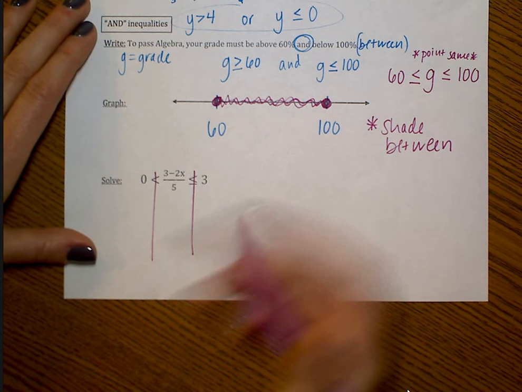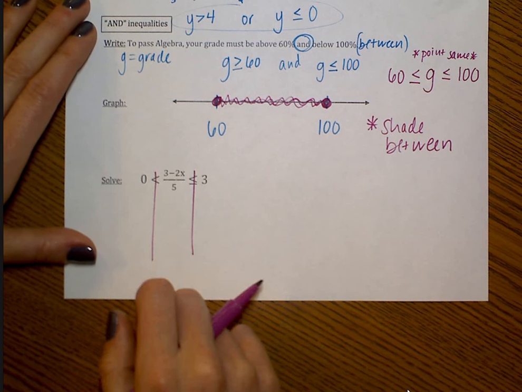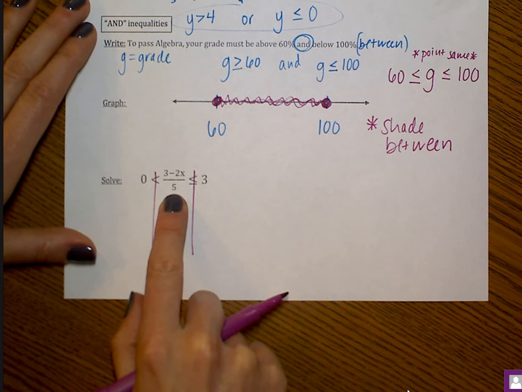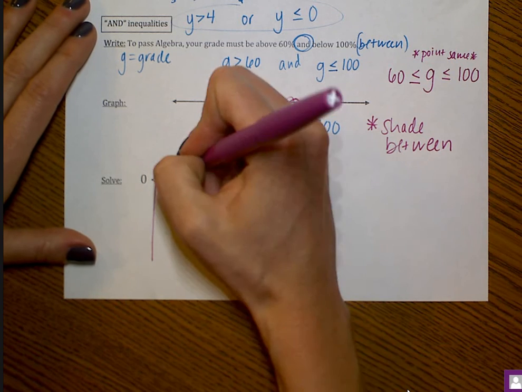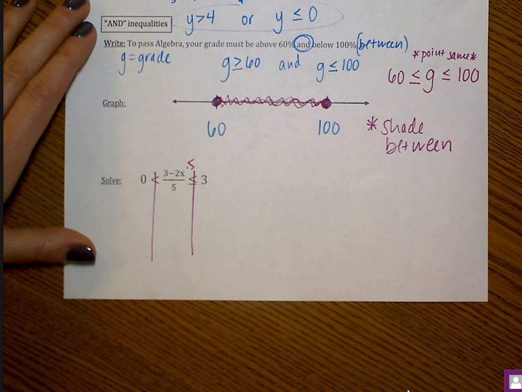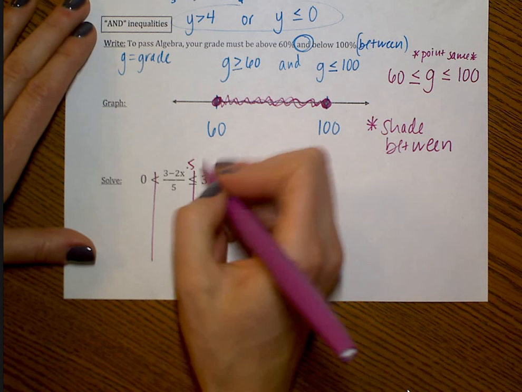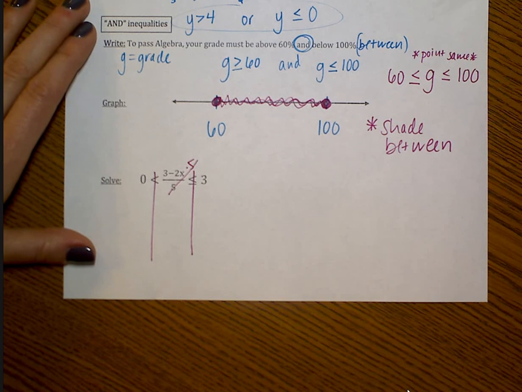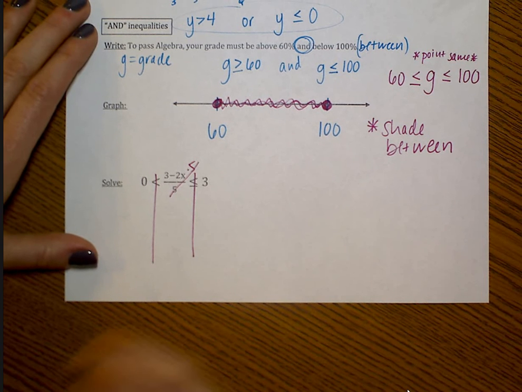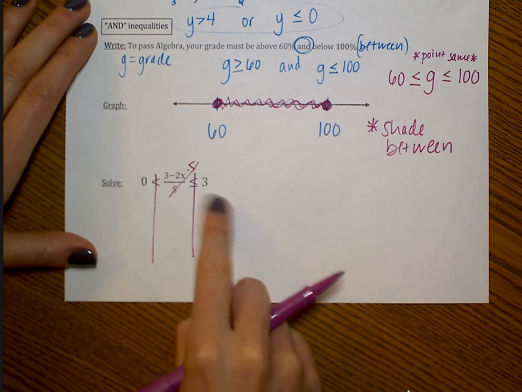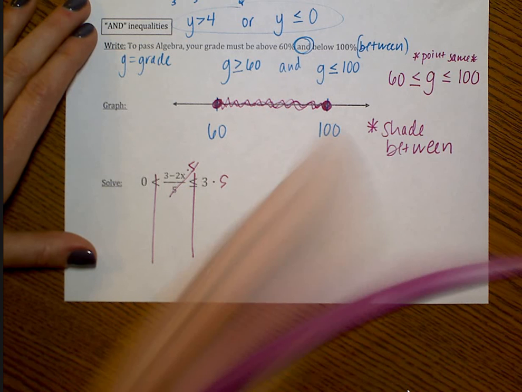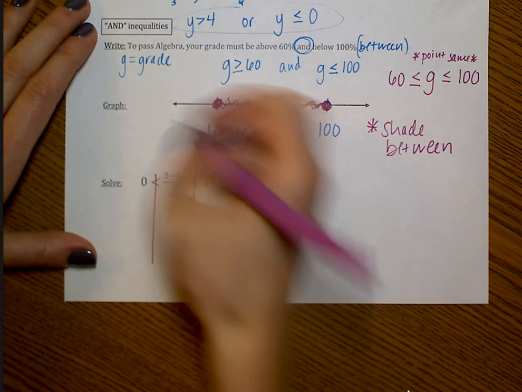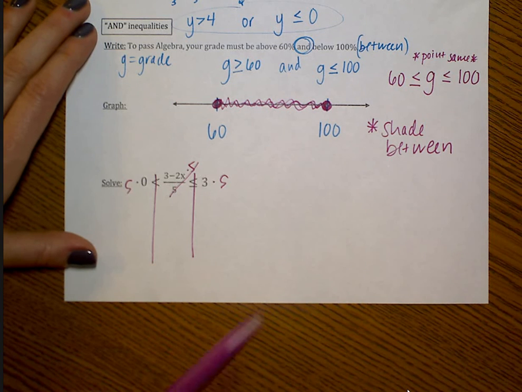Okay, so if I look at what's going on in the middle here, I know if everything's being divided by something, I have to get rid of that first. So I'm going to multiply by 5 to cancel those out. The only difference is whatever you do in the middle, you have to do on the right, and you have to do on the left. So in 3 different places that has to happen.